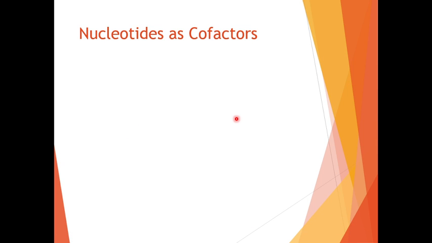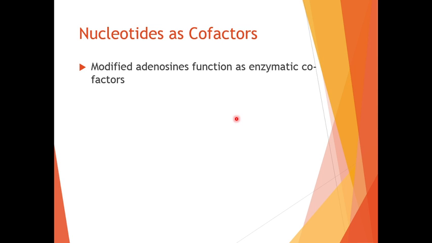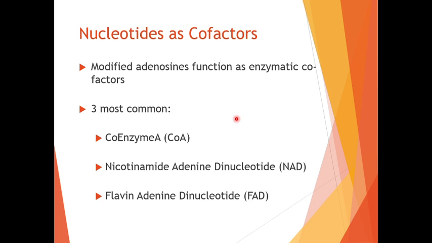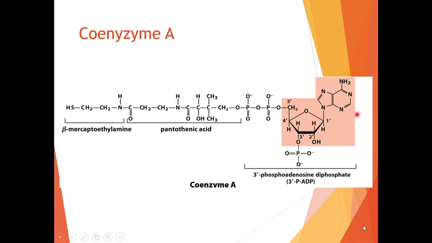Nucleotides also function as cofactors of enzymes. Modified adenosine functions as enzymatic cofactors. The three most common cofactors are coenzyme A, nicotinamide adenine dinucleotide, and flavin adenine dinucleotide. Coenzyme A, the structure of which is shown here, is an important cofactor. The adenosine portion is shaded in light red. CoA, as it is called in short, functions in acyl group transfer reactions.